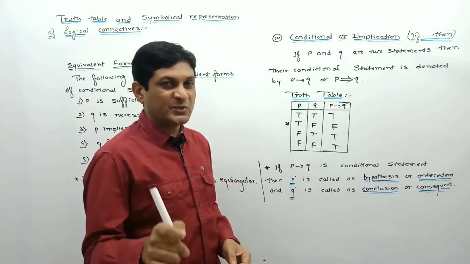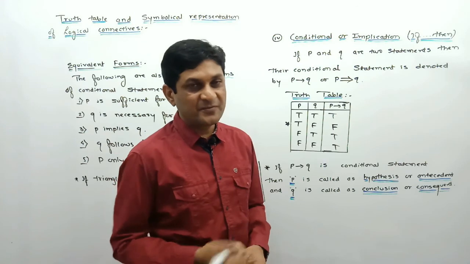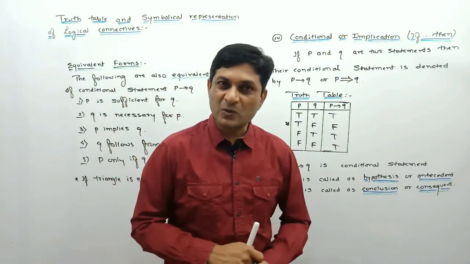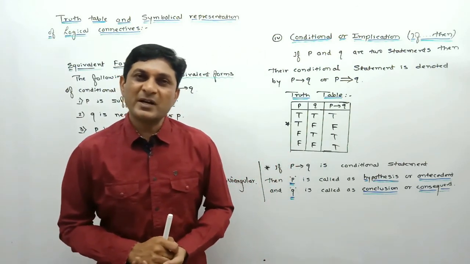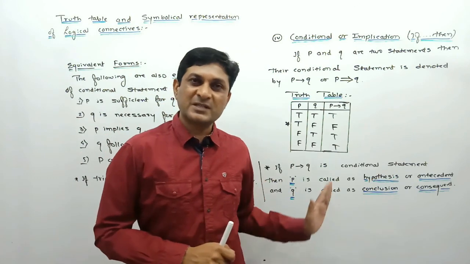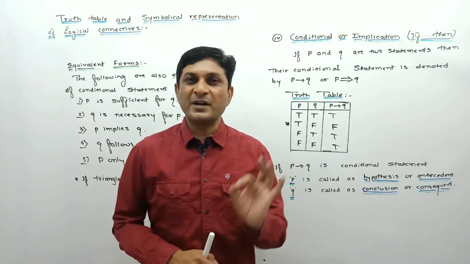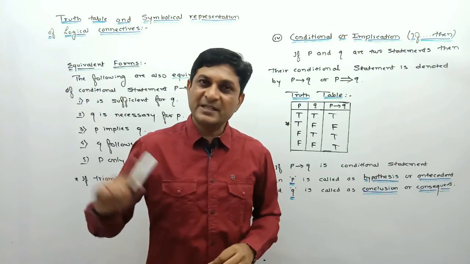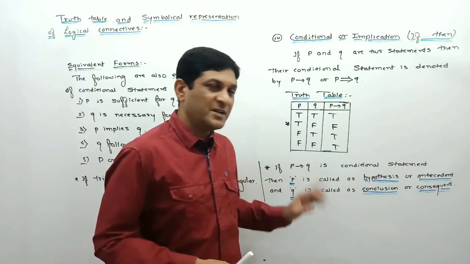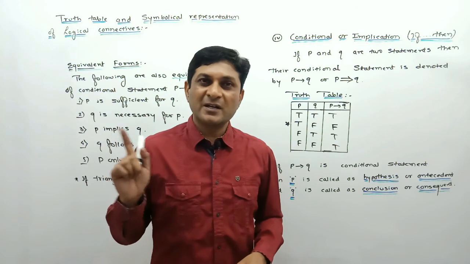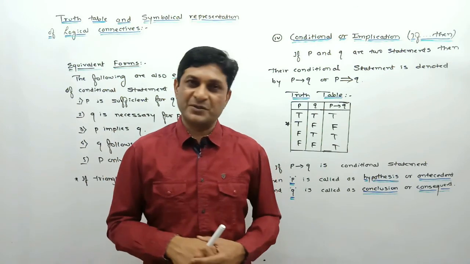Remember that if two statements are connected by if-then, that statement is called a conditional statement. If a conditional statement is given to us, the first part of the statement is called the hypothesis or antecedent, and the second part, which we have denoted by Q, is called the conclusion or consequent.